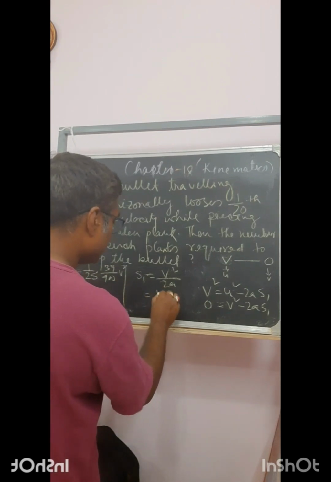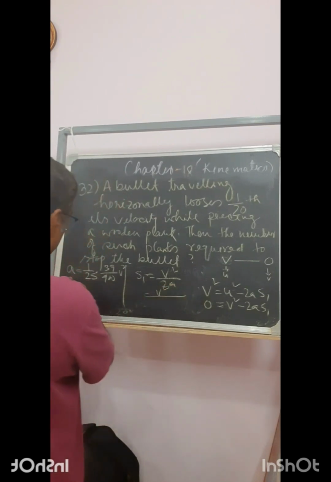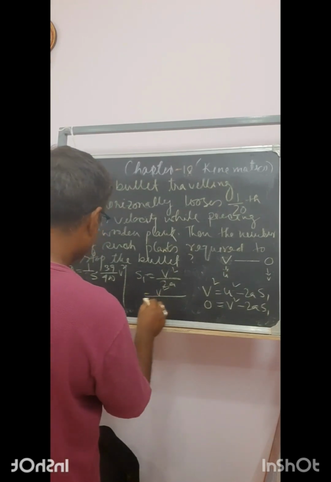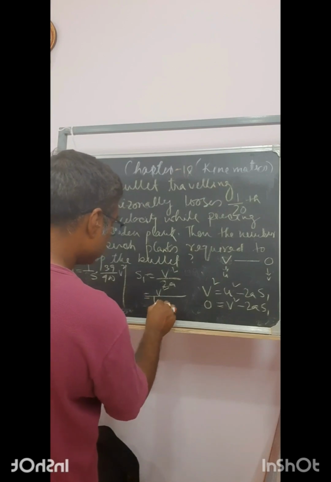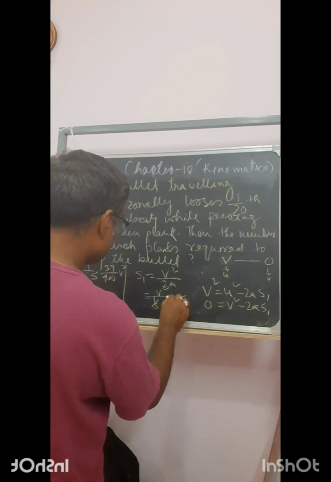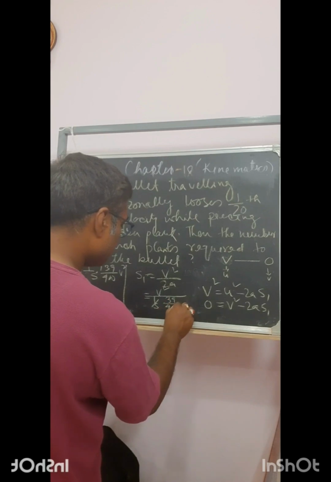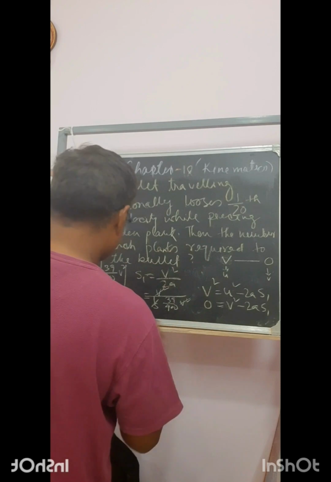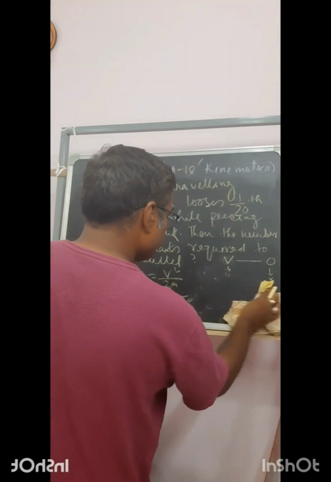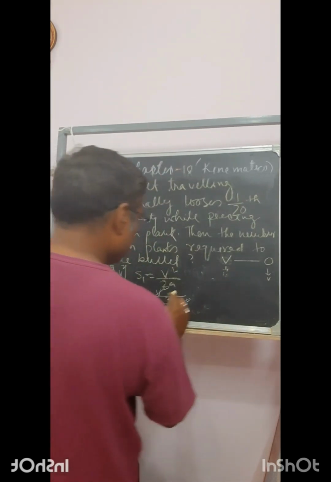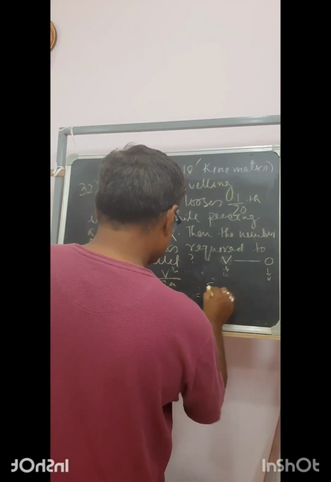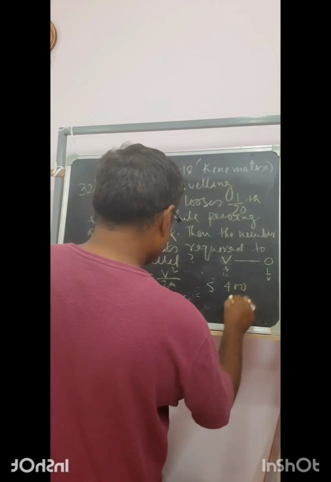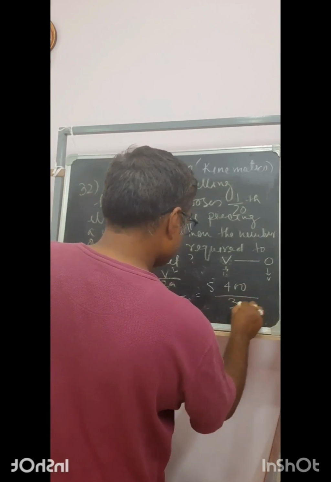So v square by 2A, if I put the value here, it will become 1 by S into 39 by 400 into v square. So v square will be cancelled out. So this will move on the top. That S and the 400 will be S into 400 here, and 39 will be there.